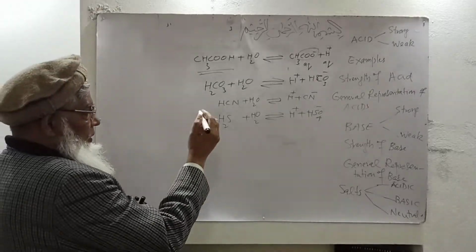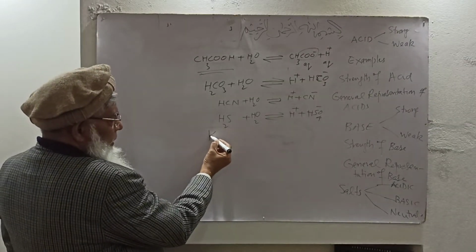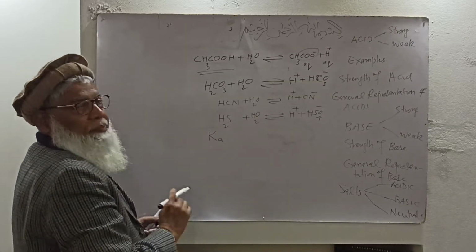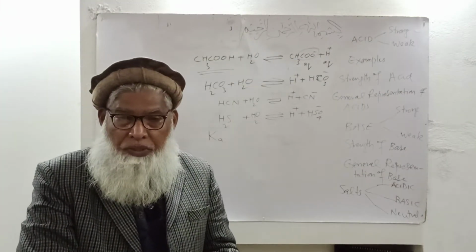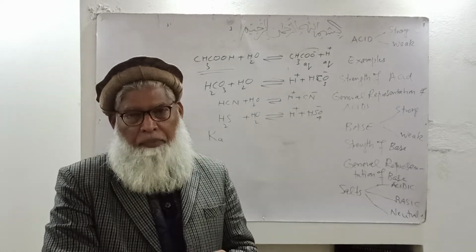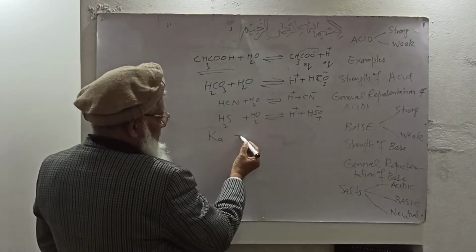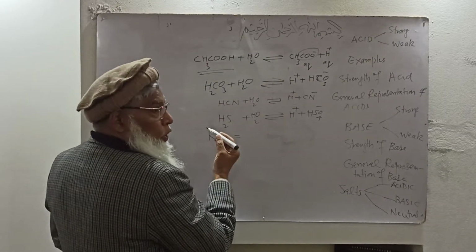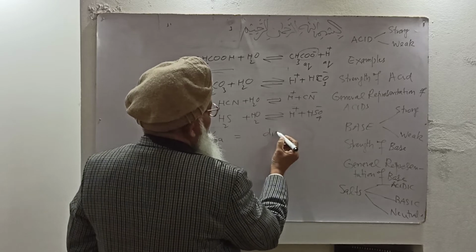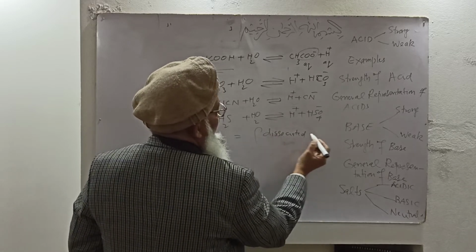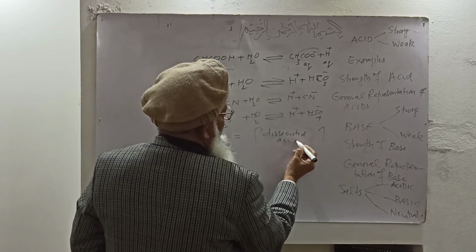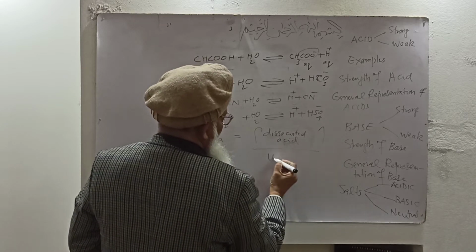The strength of an acid is measured by its Ka value. Ka is the dissociation constant of an acid. It is the ratio of dissociated to undissociated acid.